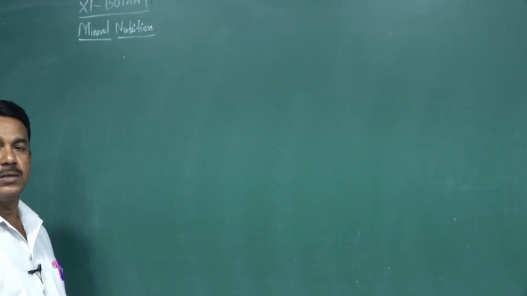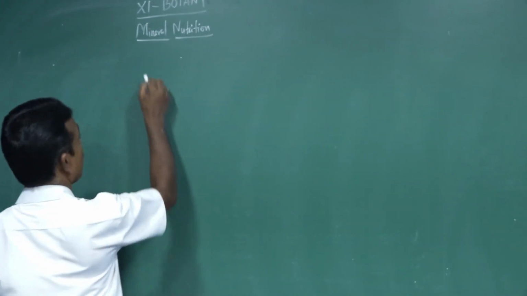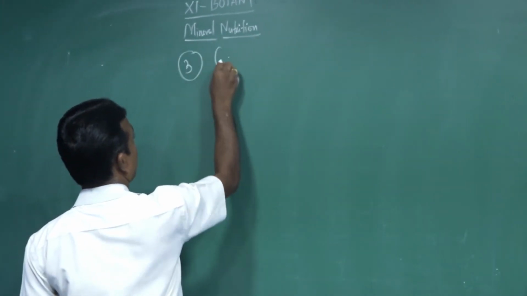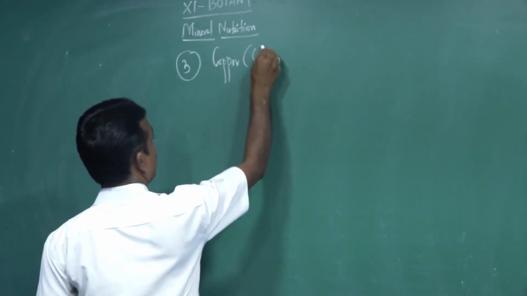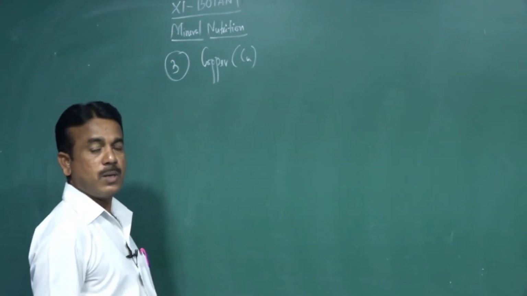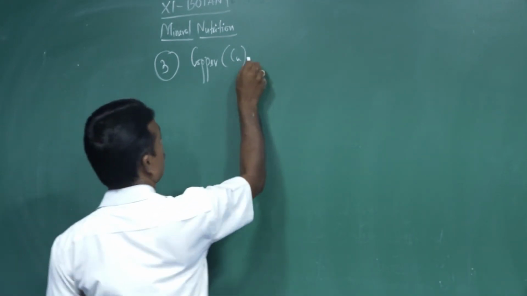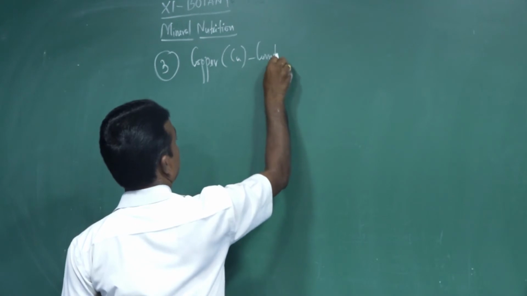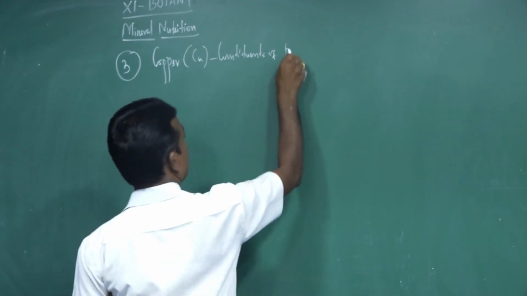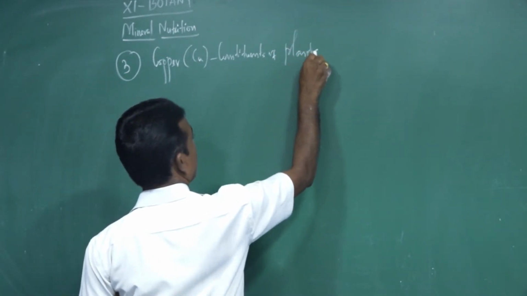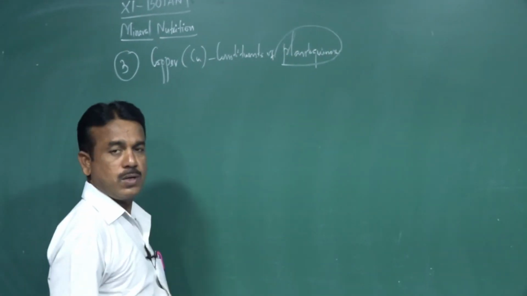Can I go to the third micronutrient, commonly called copper. The symbol is Cu. So copper is a constituent of plastoquinone. What is plastoquinone?